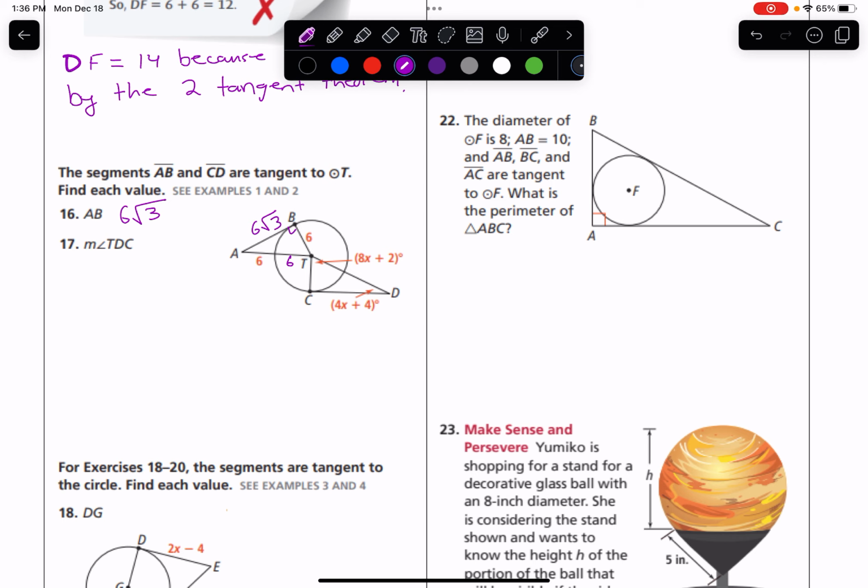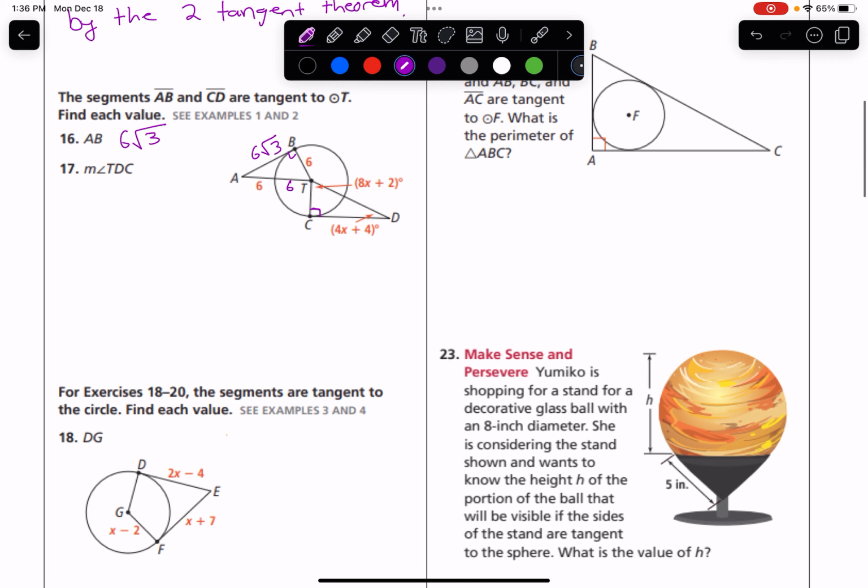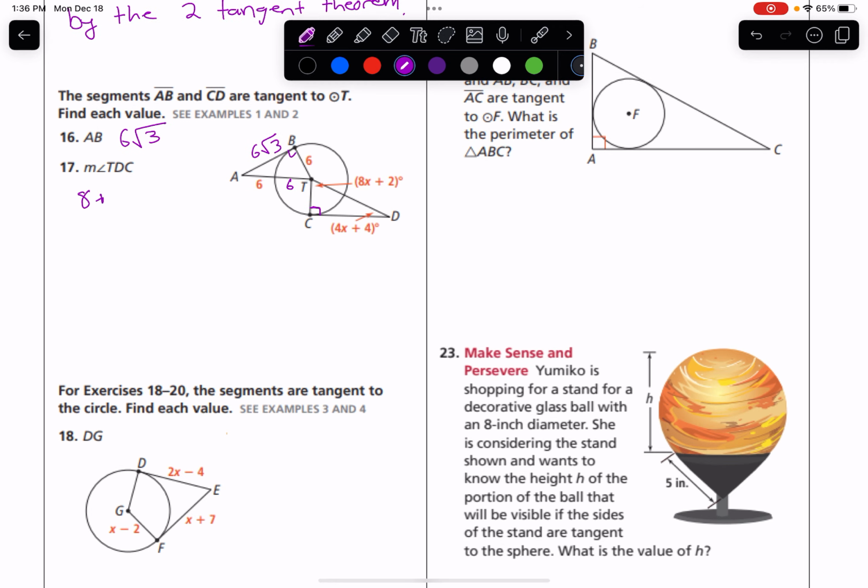For number 17, the measure of angle TDC is going to be right triangle stuff. I know that 8x plus 2 plus 4x plus 4 needs to be equal to 90, because that's 180 degrees in a circle and 90 of them are for the right angle.